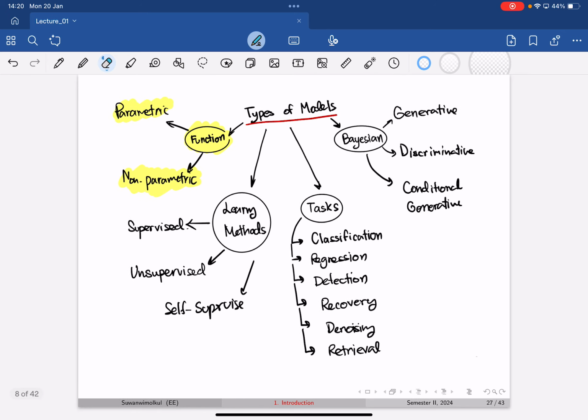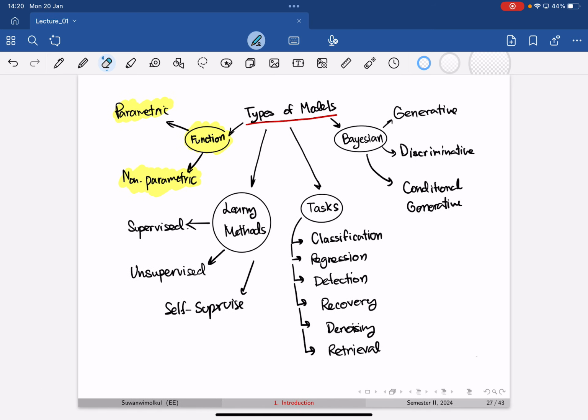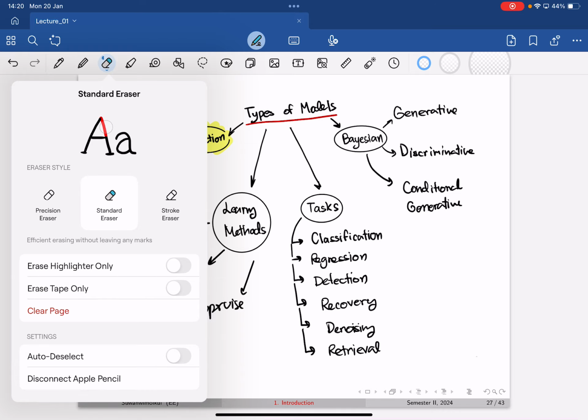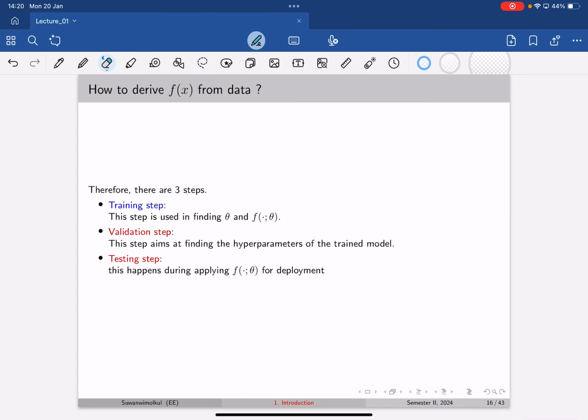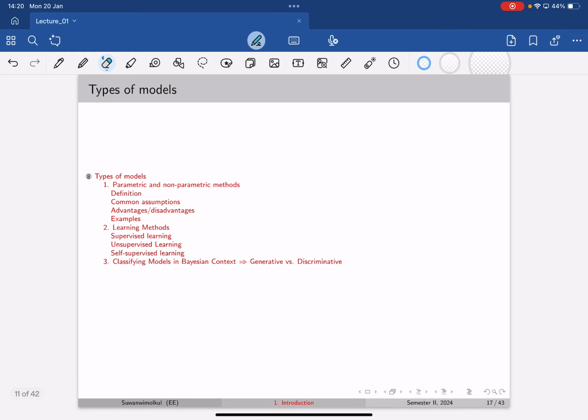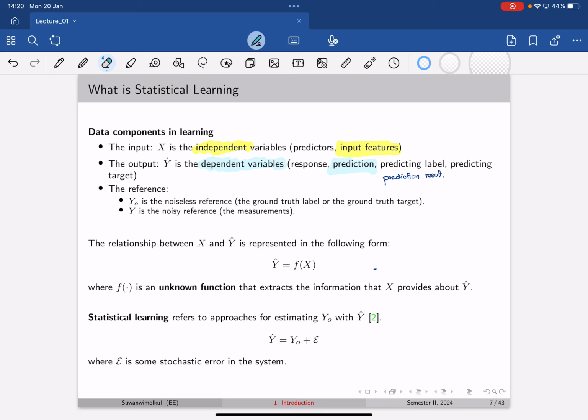Okay. And yes, aside from this pipeline, there are various types of model. So today I will do my best to cover all of them. But maybe let's talk a bit about our setting first, and then we will go over the models, so we know what the training, validation, and testing are, why they need to be there, and what they are used for.